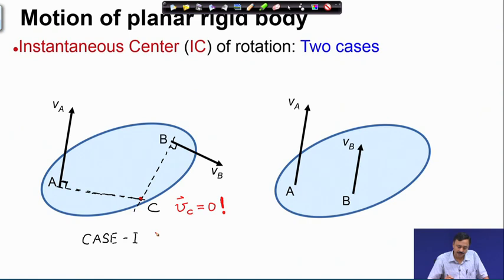These two directions are non-collinear. So, therefore, the velocity of C must be 0. This is known as the instantaneous center of velocity or instantaneous center of rotation.